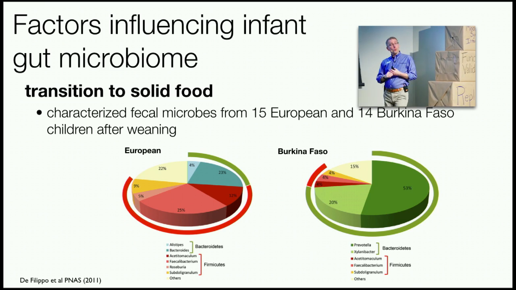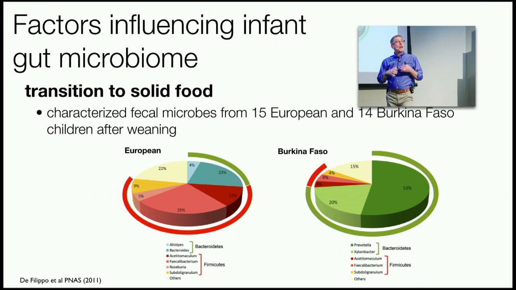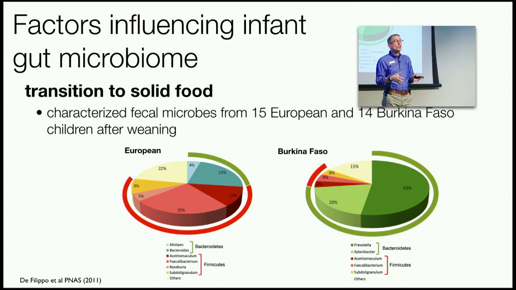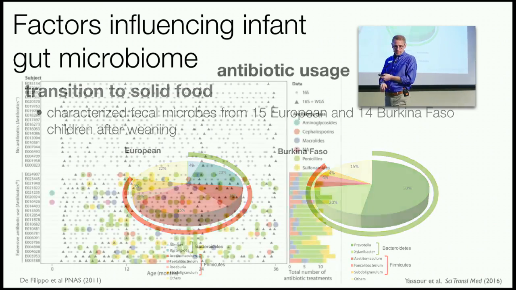So our 3- and 4-year-olds around the world, their gut microbiome matches that of the adults in their household that are eating the same kind of foods that they are. But all 3-year-olds around the world, when they start table food, don't have the same set of microbiome. It is very dependent on the diet, on the kind of food that you're putting in your mouth.